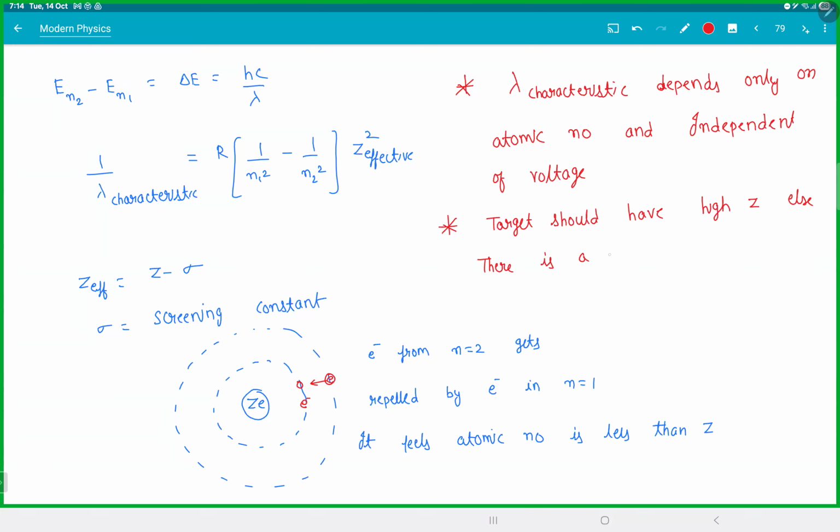It might be in the ultraviolet or visible light. Let's say you use a metal like sodium or copper, and if you don't give enough energy, instead of getting X-rays, you might get visible light and ultraviolet.